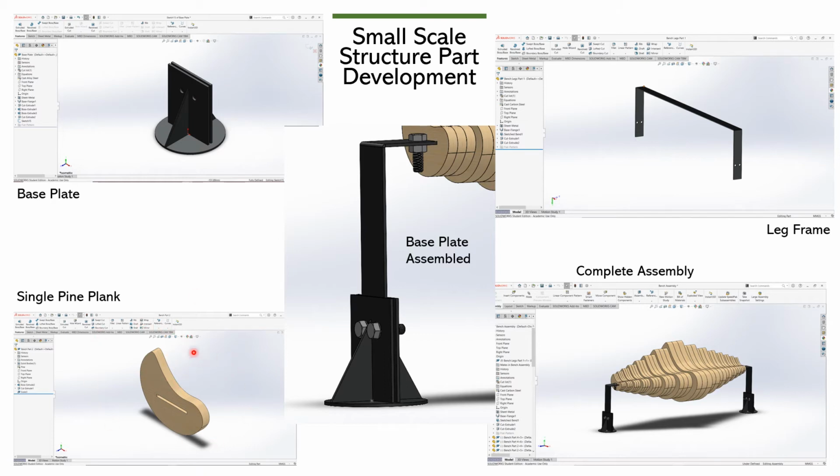Then the single pine plank, which you can see over here, each segment of 3 is made up of 3 segments of a single pine plank, which creates the actual bench. Then we can see over here how the leg frame joins into the base plate using 2 fasteners, some washers and some nuts.